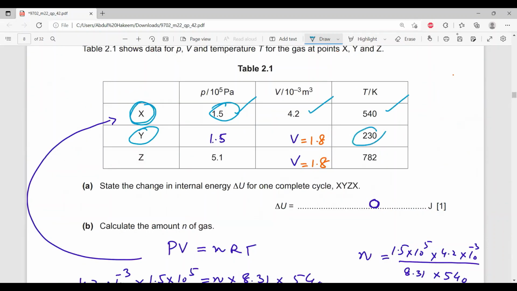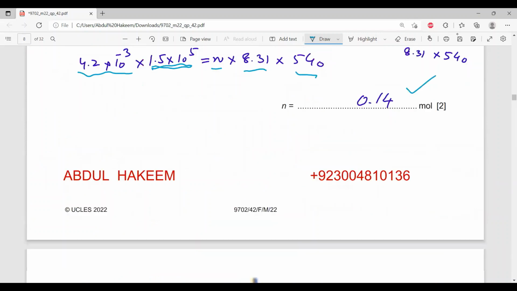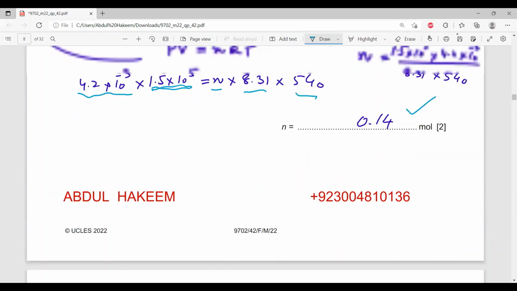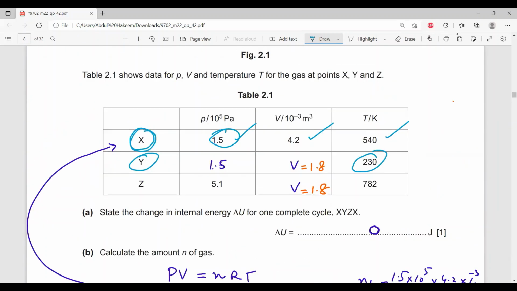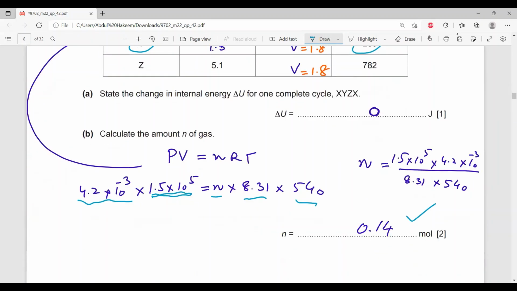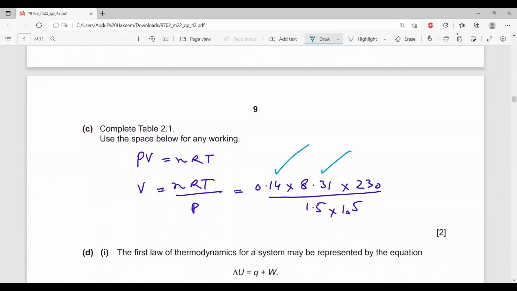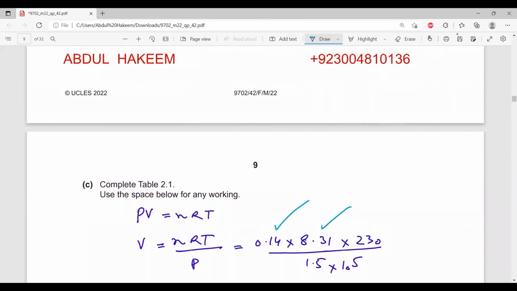This is 230 for the Y, and divided by the pressure, 1.5 into 10 power 5. So you will get the answer.